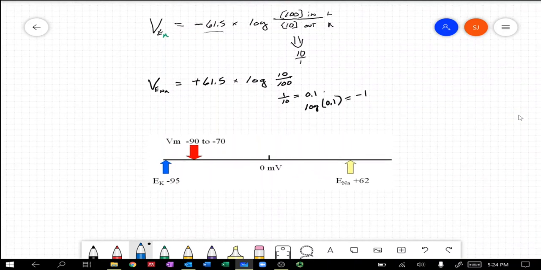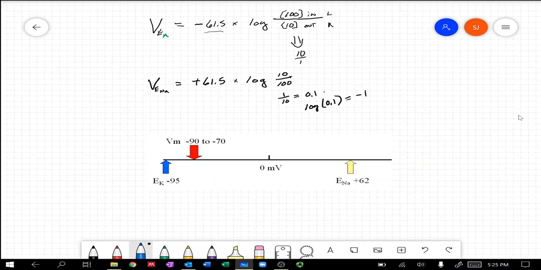So a typical resting membrane potential under physiologic conditions, so this is a real cell. Muscles tend to be about minus 90 millivolts. Neurons are somewhere in between that, between minus 90, minus 70. There are even a few that are close to minus 50. So we have quite a range here for resting membrane voltages.